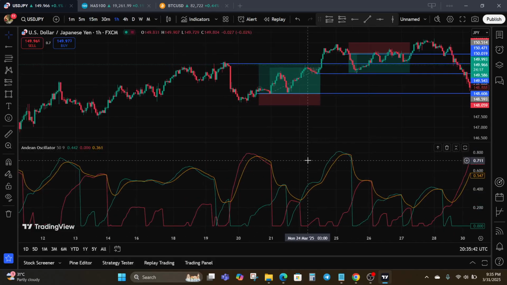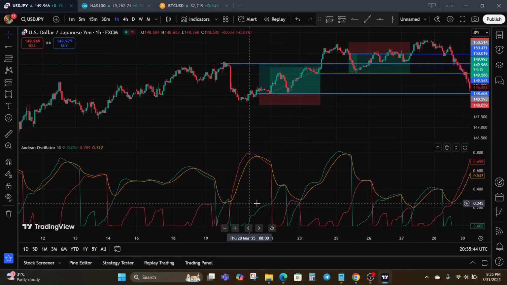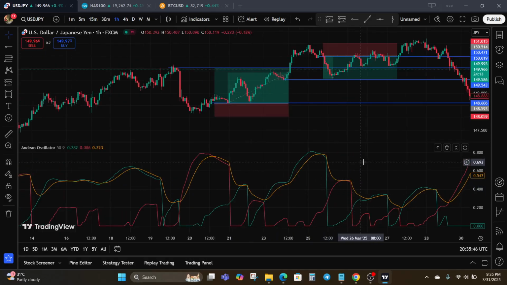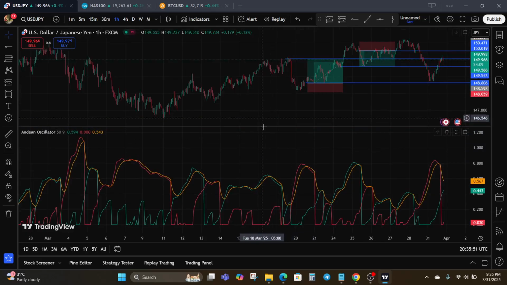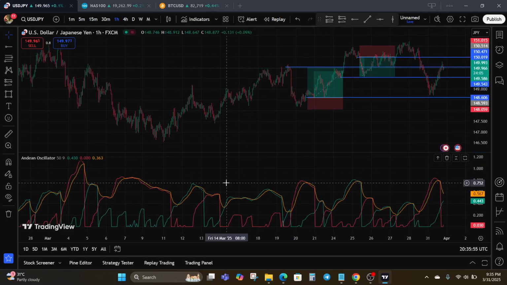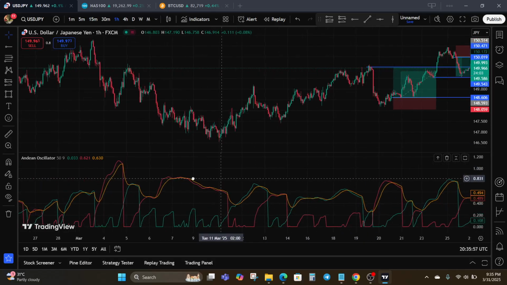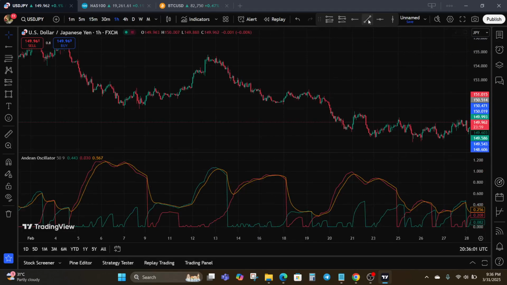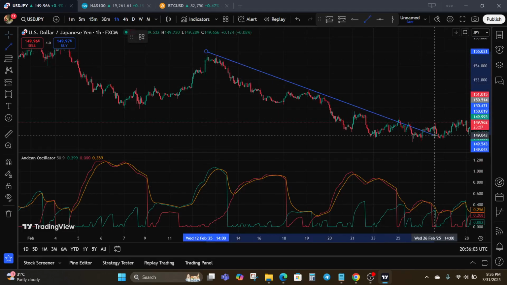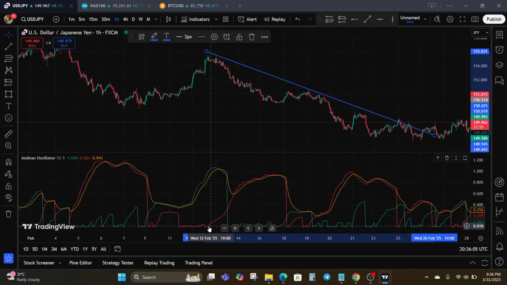If the oscillator stays strong in one direction, it indicates a high momentum trend. For example, let us look at this particular example. You can see how strong this trend was. The sell signal came around here. Remember, when the red is going up and then the green crosses below the orange, that is a sell signal.